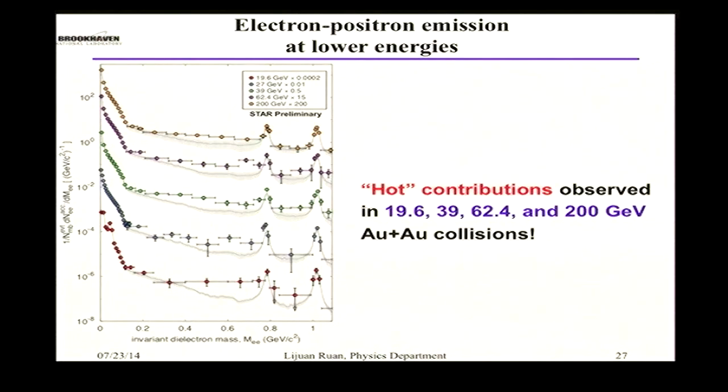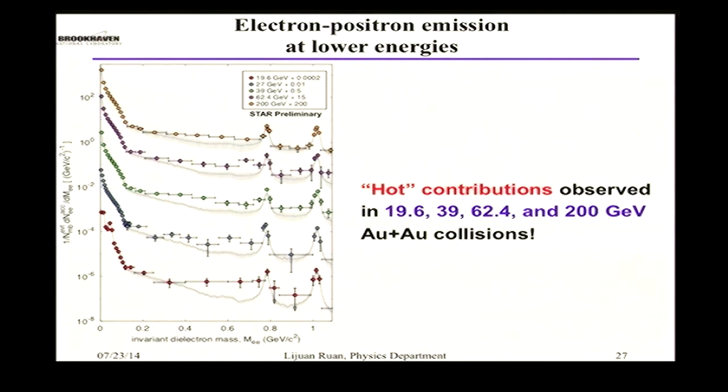RHIC is very flexible and versatile. It not only gives us top energy, like 200 GeV, it can go to low energy, like 7 GeV. It's a factor of 30 difference, and it's truly remarkable. Our experiment fully takes advantage of this, so we can measure the electron-positron emission down to 19.6 GeV.